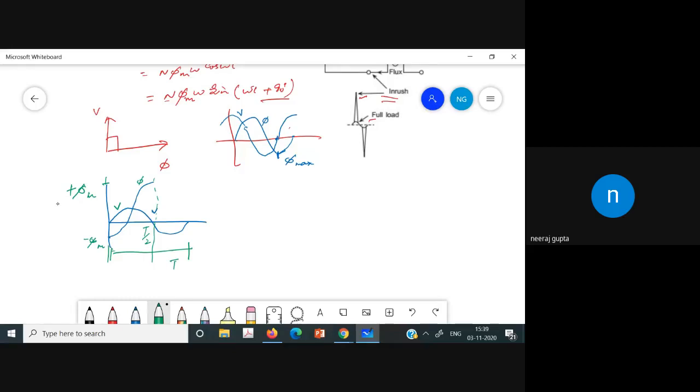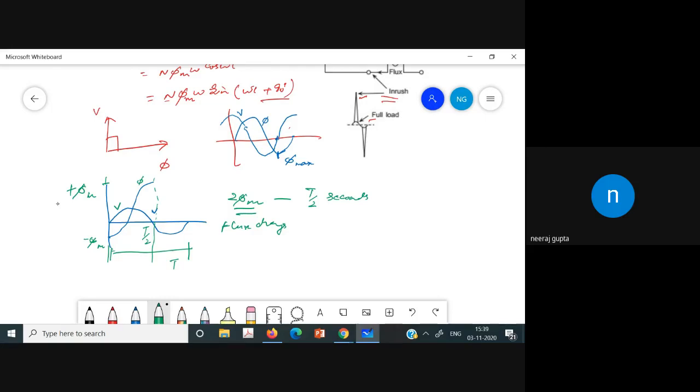Therefore, in this time from 0 to T by 2, the change in the flux is phi m minus minus phi m, which equals 2 phi m. So the flux changes by 2 phi m in T by 2 seconds, which is the steady state picture of this.